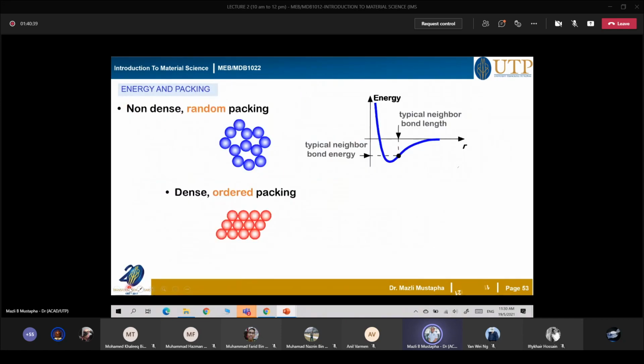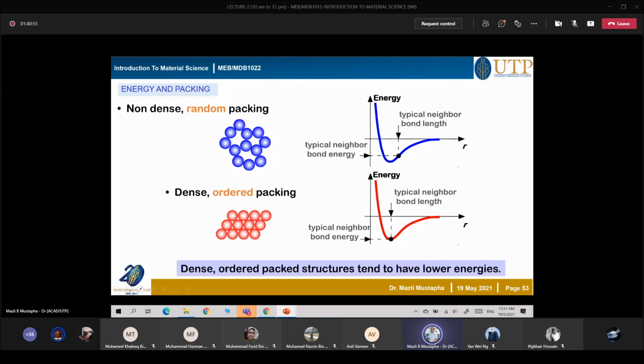This is atomic packing. It is about random packing for the gas, and for the solid they have ordered packing. Then this is the typical energy and r relation.